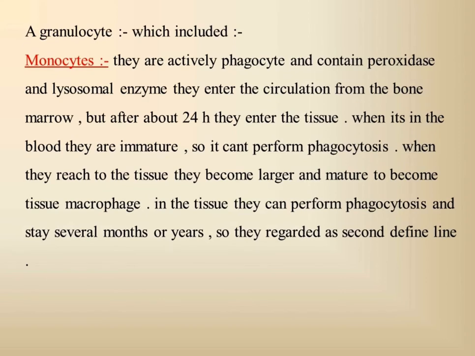But this type of cell is considered a second defense line because it is immature in the blood. But when it reaches the tissue after 24 hours, it will be mature and more powerful than the neutrophil and can engulf different types of foreign bodies. It can also engulf dead tissue and dead neutrophils.